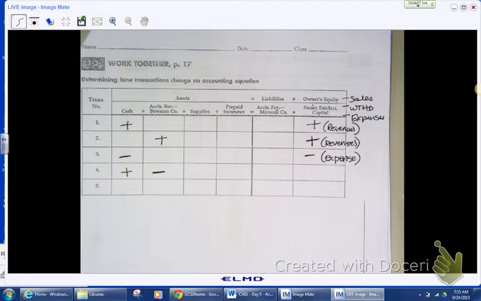So that's revenue recognition. We record and recognize the sale at the time it actually takes place, not when the cash is received. Otherwise, we'd have lower sales most of the time.